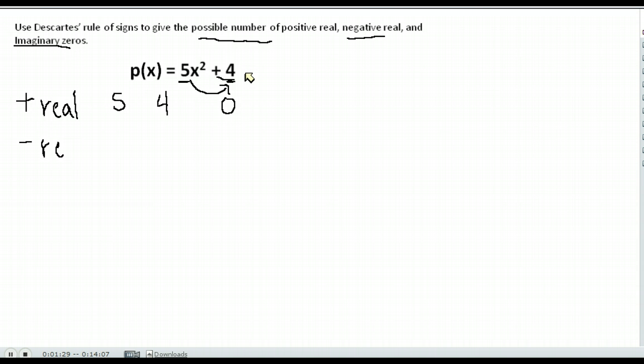For negative real zeros, we do P of negative x, which means you substitute a negative for all of your x's. If I were to simplify this, notice anytime I have a squared, anytime I have an even power, that negative is going to change back into a positive. So I really come back to this.